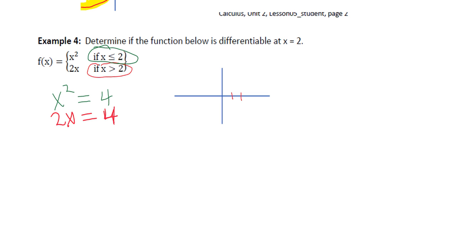So let's go ahead and look at this graphically, and then we'll review what happens when we use the limit definition of the derivative. Okay, so let's graph when it's greater than 2.